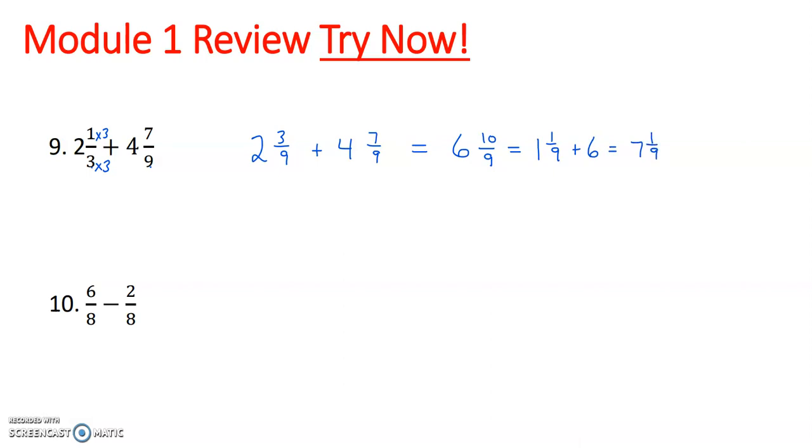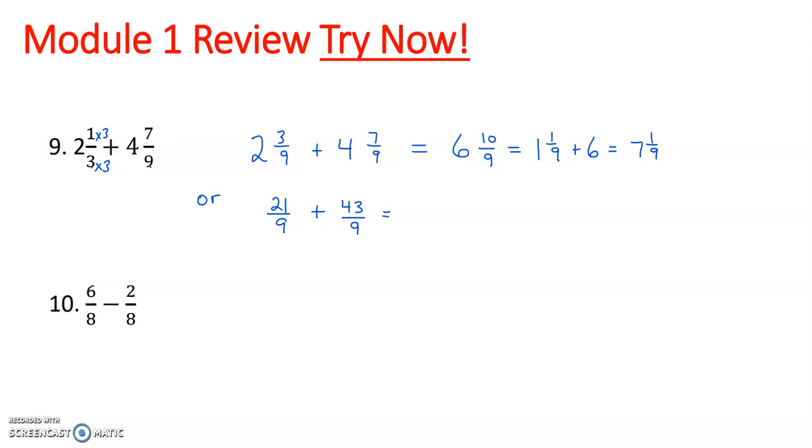Alternatively, you can change your mixed numbers that are like to improper fractions and add them. So I'm going to show that method. 9 times 2 is 18, plus 3 is 21/9. And 9 times 4 is 36, plus 7 is 43 over 9.